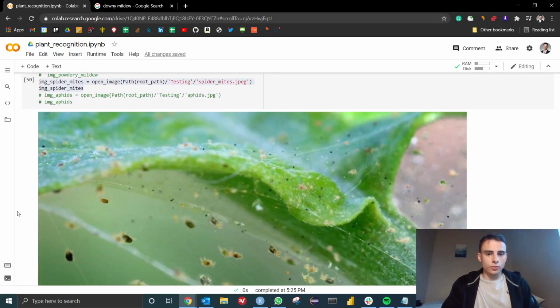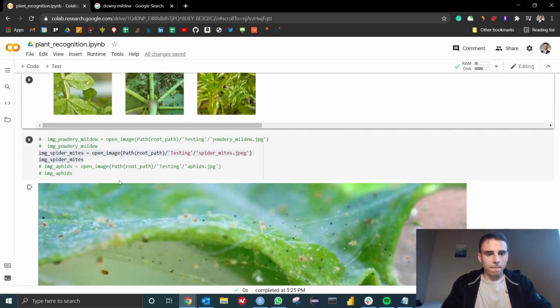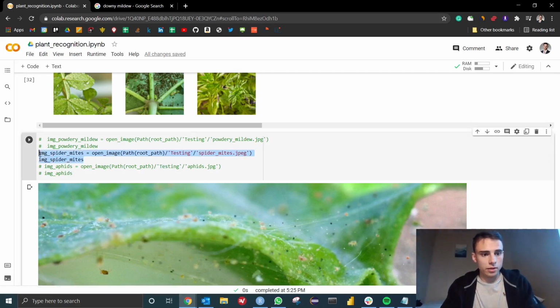If I wanted to, for example, run a few images that I didn't use to train the model and see if the model correctly identifies those, I went ahead and Googled a few of those diseases and used some pictures that I haven't used to train the model with.